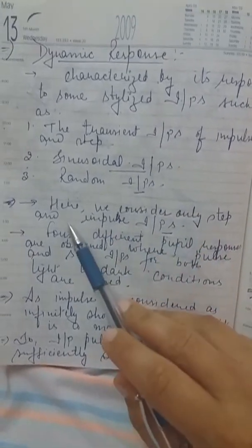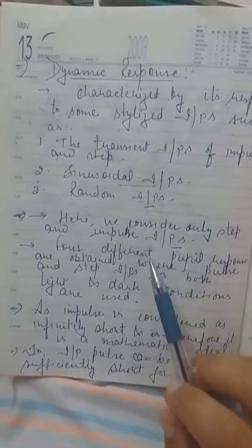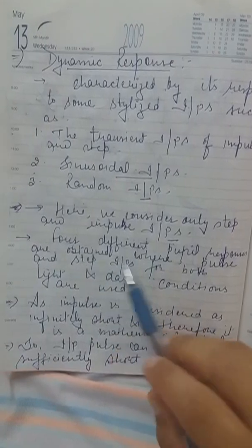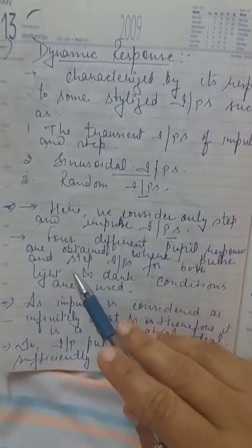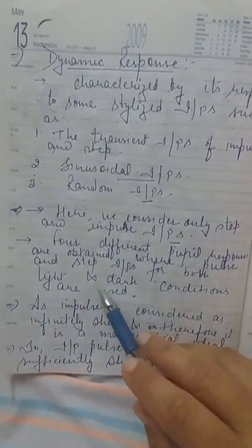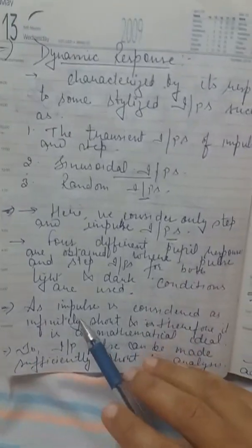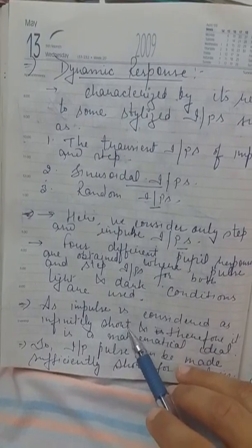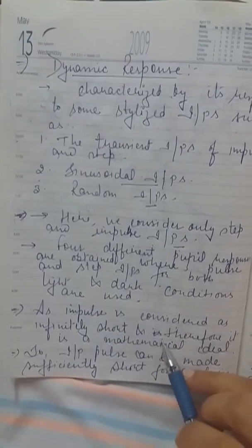Here in this pupil control system we will consider only the step and impulse inputs. We will obtain 4 different pupil responses with respect to the pulse and step inputs for both light and dark conditions. Impulse is considered as infinitely short function and therefore it is a mathematical ideal.